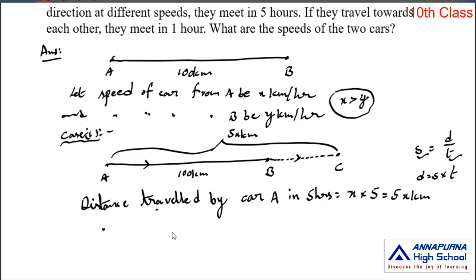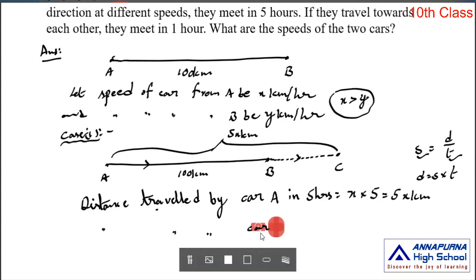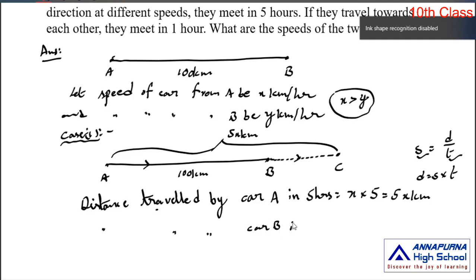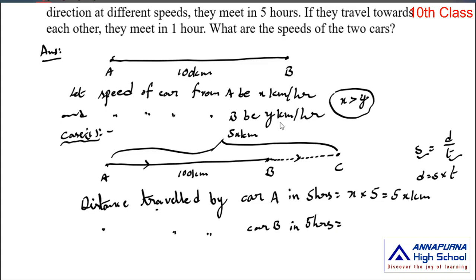In the same way, find the distance traveled by car B. Car B means the car that starts from B. So we are finding the distance of that car in 5 hours. The second car travels at y kilometers per hour, so the speed is y into 5 hours.